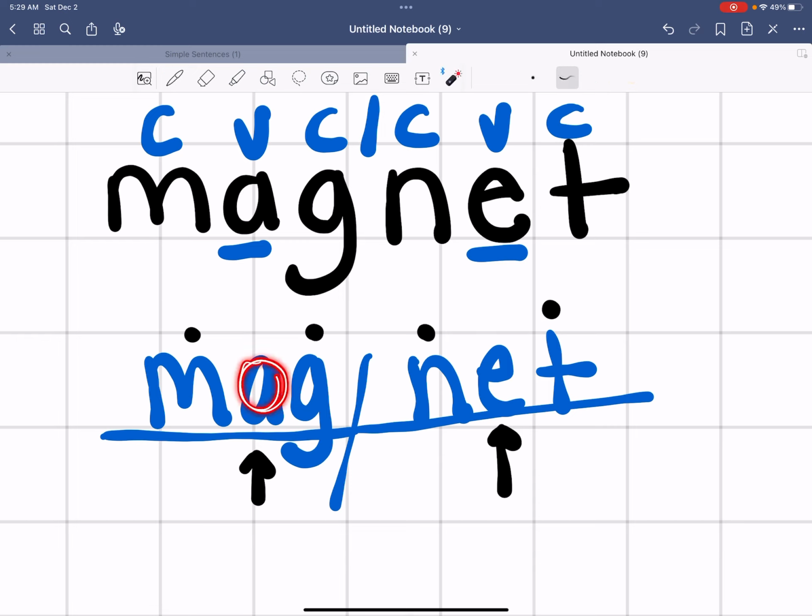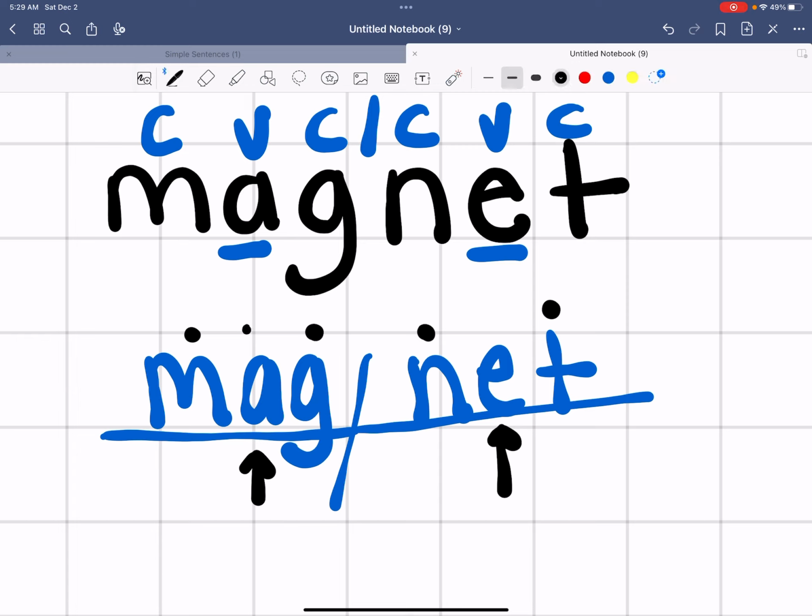So again, let's go through the sounds. We have a as in apple. We have e as in egg. Sometimes I'll say elephant. Now that we know the sounds, we can read the word. Let's focus on this word right here. We know the m and we know the g. But now we also know that this is short, so it's going to say ah.